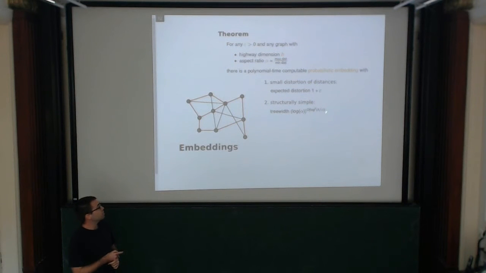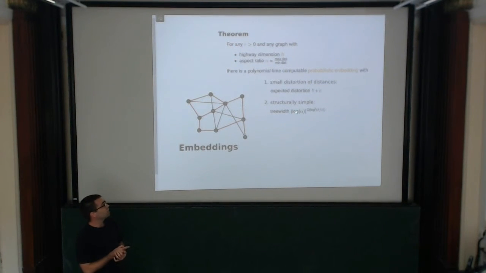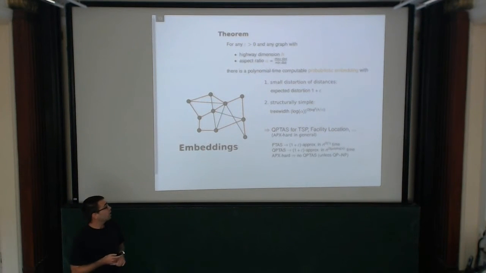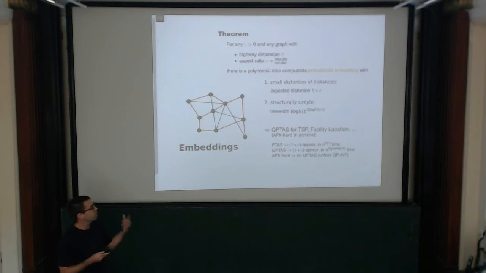And the tree width is bounded by all these parameters. So in particular, if the highway dimension is constant, we get a tree width that's polylogarithmic in the aspect ratio. And then there are some known techniques involving these algorithms for bounded tree width, from which we can get quasi-polynomial time approximation schemes for these problems such as TSP, facility location, and so on.